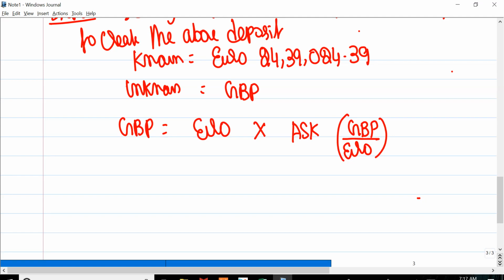In the last problem, we had surplus USD, so we sold the USD. Now I need euros to create a deposit. Clear? Any doubts on this? It's a little complicated, not the normal way of thinking, so you will have to be very clear on this. If there is a doubt, let me know. Okay, so do this.